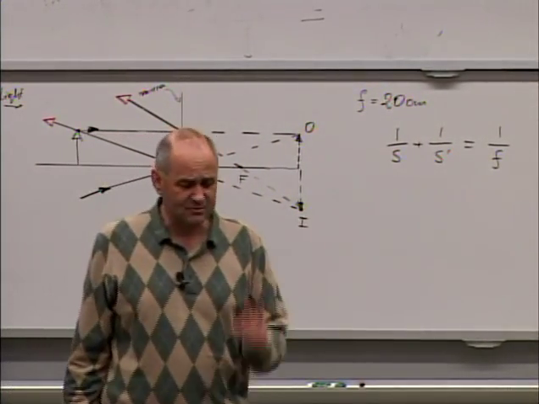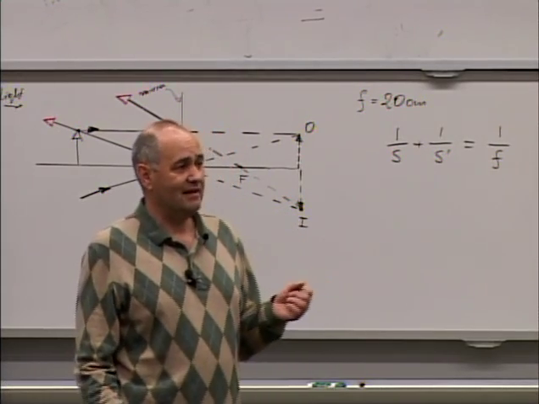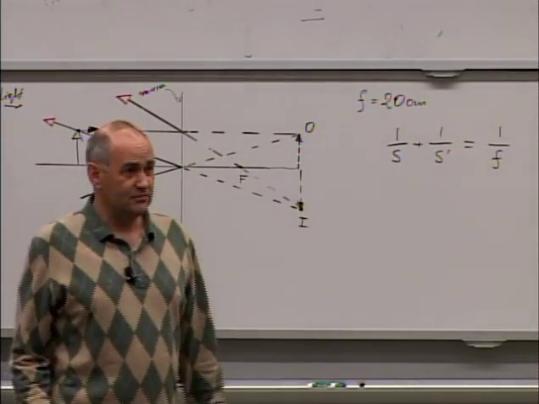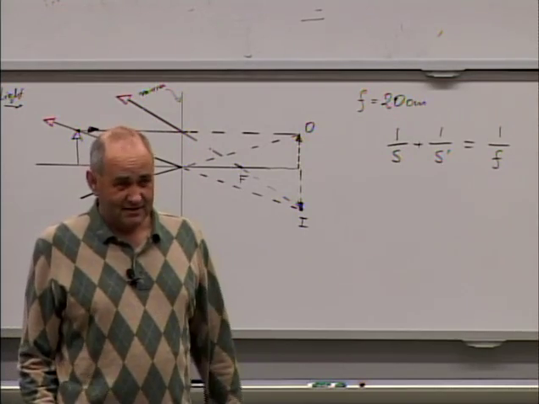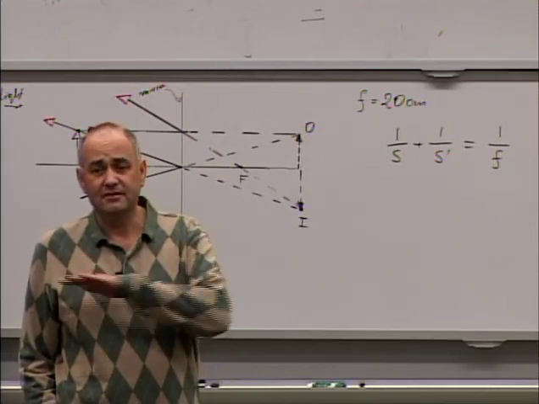The way I describe it now, I was trying to be very precise. I will accept that you say that S and S prime are positions rather than components of position, although precisely it is a component of position.